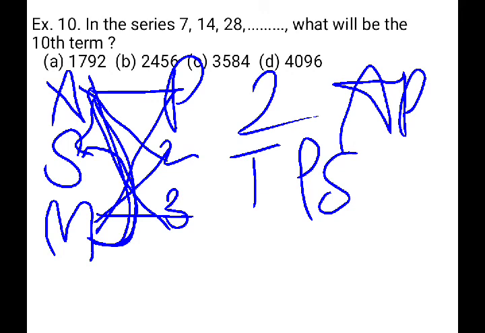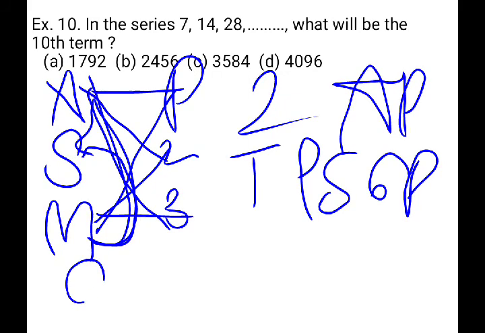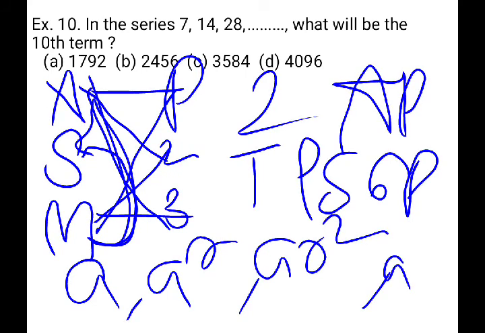Now geometric progression we have also learned. Geometric progression is AR, AR square, AR cube, etc. Here A is the first term, R is the quotient of the second term and first term.